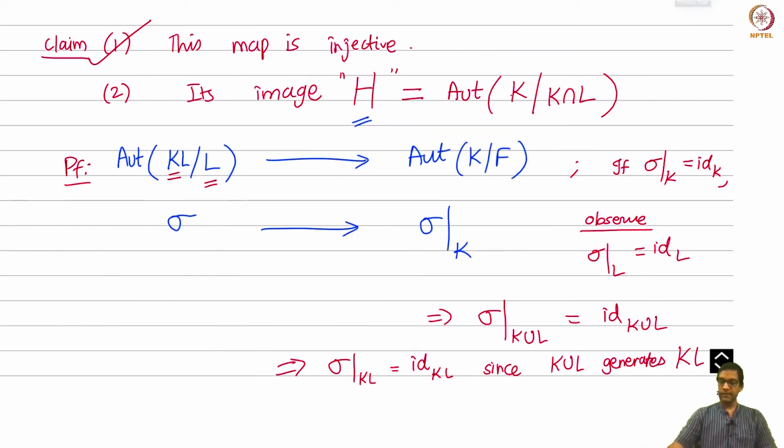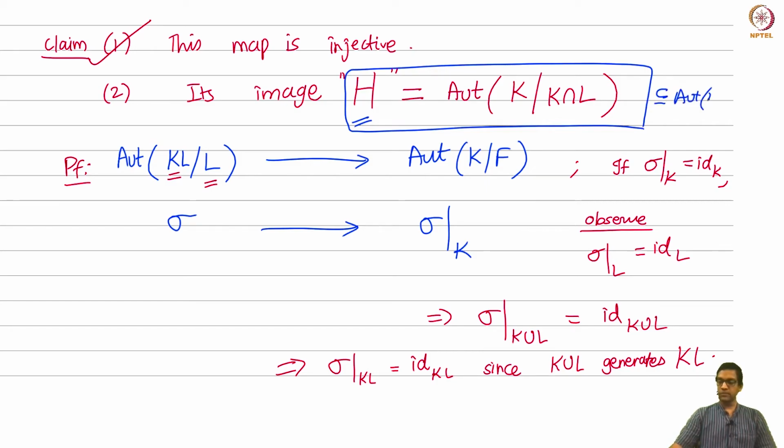So to prove the second claim, how do you show that two subgroups are the same? They are both subgroups of the group of automorphisms of K over F. So to show two subgroups are the same, it's enough to show that their fixed fields are the same.